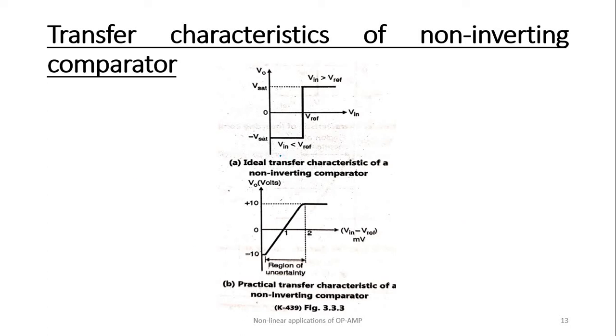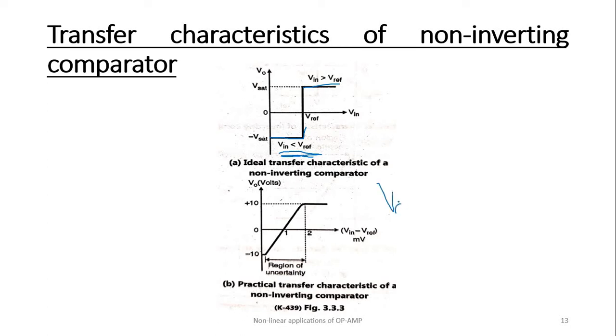Means in the beginning Vin is less than V reference, so at this time the output voltage is minus V saturation. After some point Vin is greater than V reference, therefore the output voltage is switched to the positive V saturation. The practical transfer characteristic says that the change in the output state takes place when the differential voltage is about 2 millivolt.